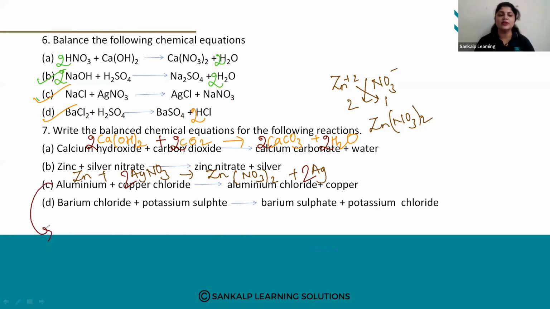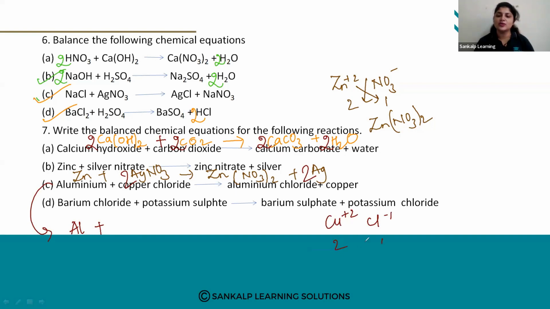Next, we'll write for aluminium. Aluminium is Al plus 3. So aluminium, Al, plus copper chloride. Copper is Cu plus 2. I'll show you how to write copper chloride. Copper is Cu plus 2, chloride is Cl minus 1.